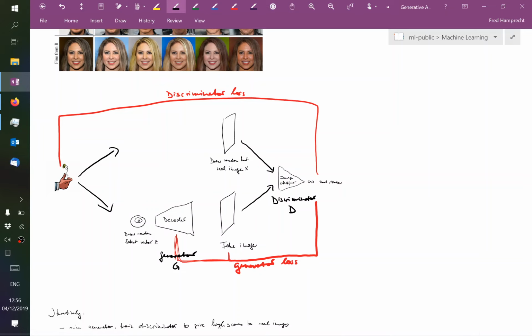So let's say we have this space of images. As you know, it's million dimensional, but now I'm making it one dimensional. And in this space of images, we have some distribution of real images. It can be something complicated. It's meant to be a density. All right, let's say this is the real images.